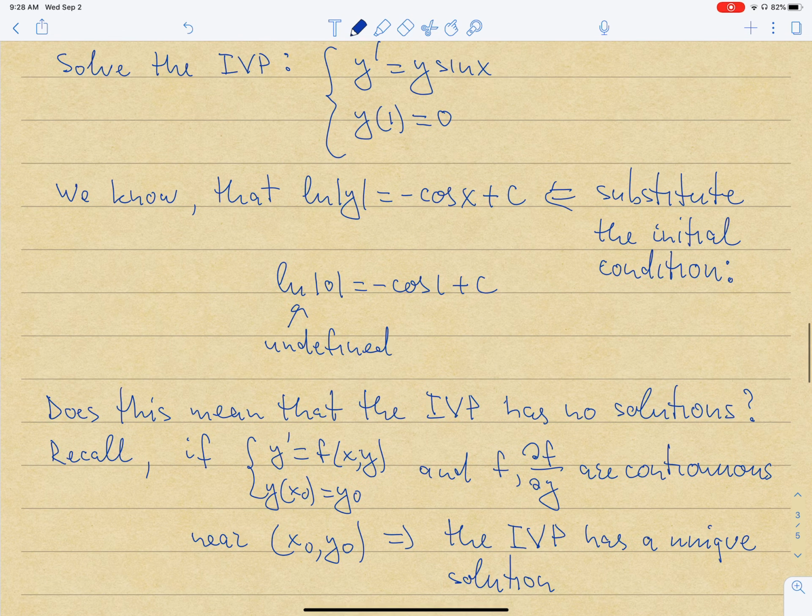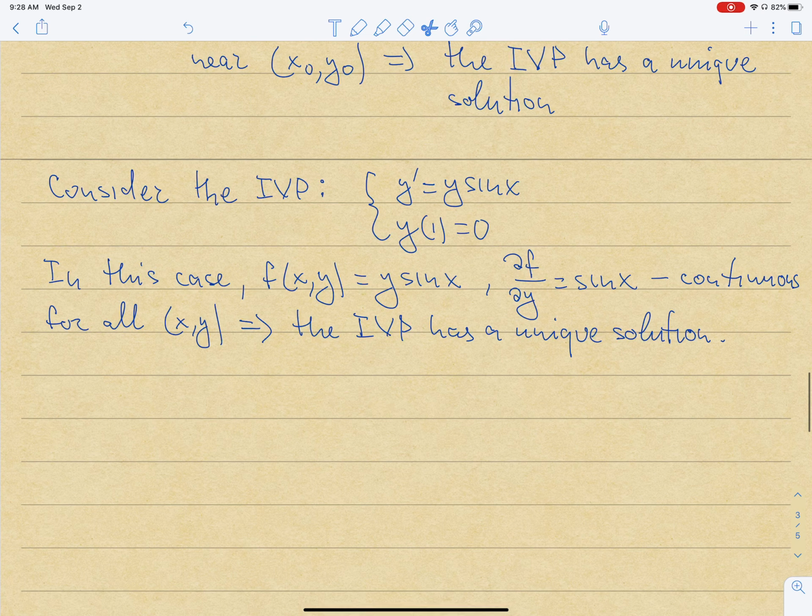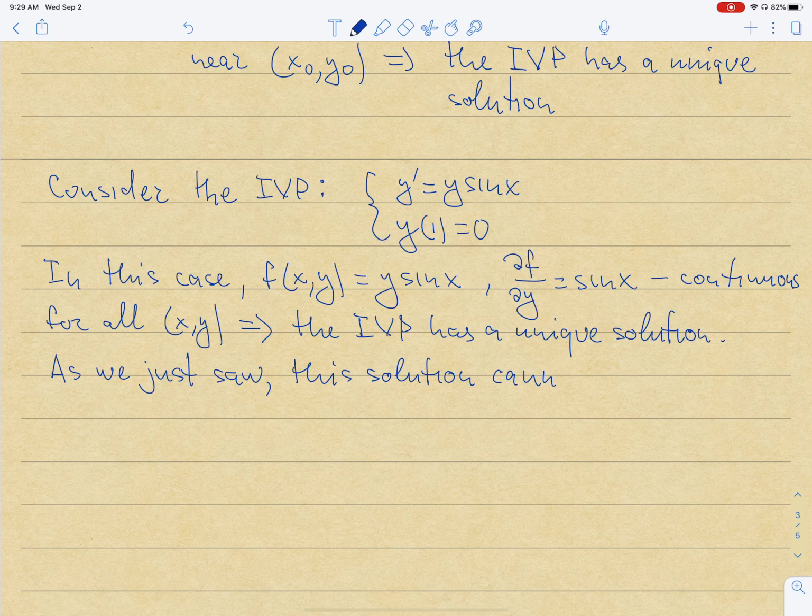But what we found here is that this unique solution cannot come from our one parameter family. So as we just saw, this solution cannot be found from the one parameter family of solutions.